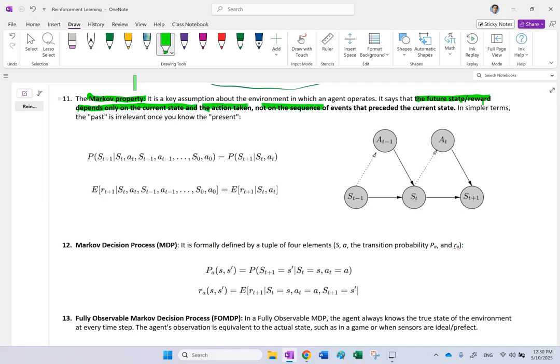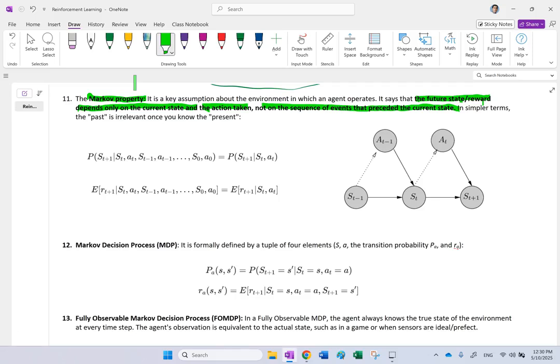It does not depend on the past, the sequence that you took in the past. So it says, if I know where I am right now, I should be able to predict my future. Whatever made me come to this point is not relevant. Okay, that is called the Markov assumption.